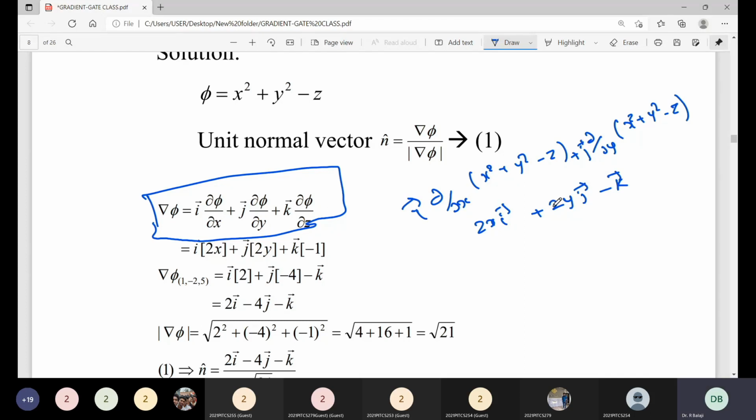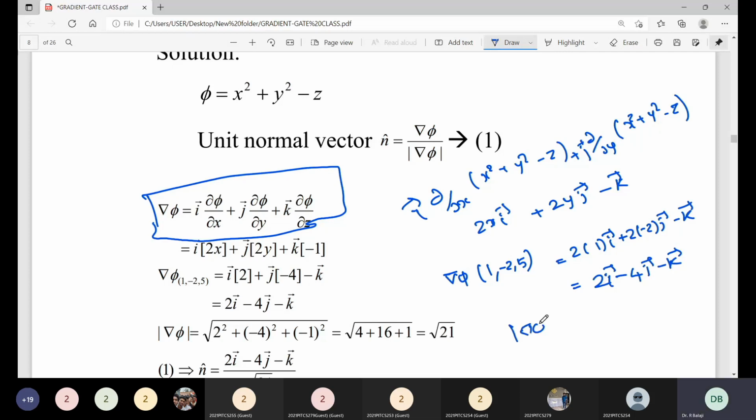Del pi at 1 comma minus 2 comma 5 is equal to 2 into 1 i vector plus 2 into minus 2 j vector minus k vector. So 2i vector minus 4j vector minus k vector.